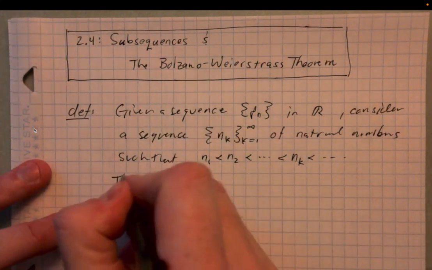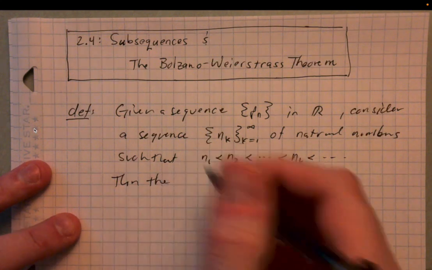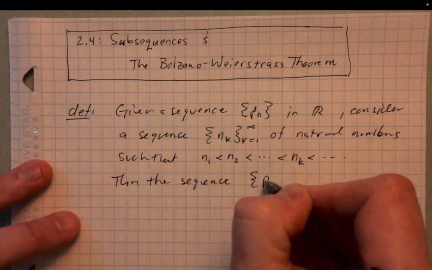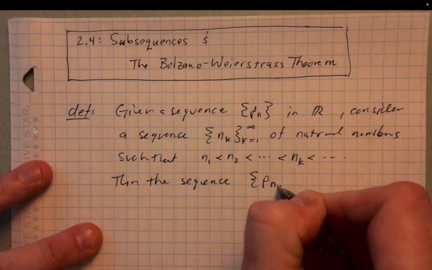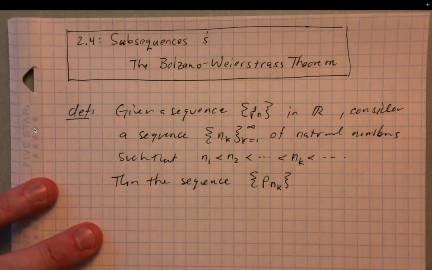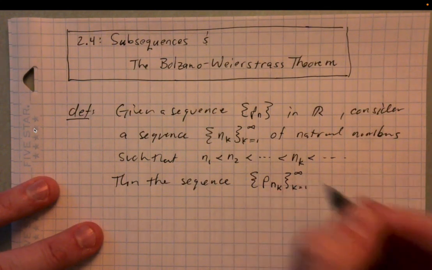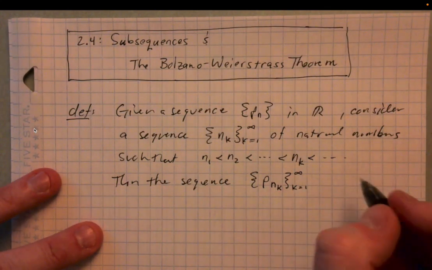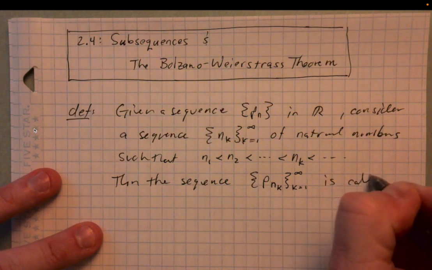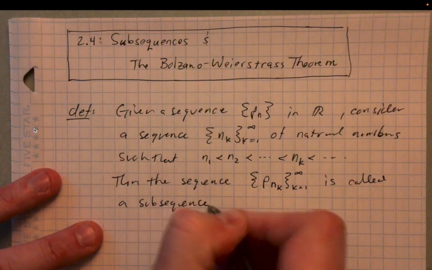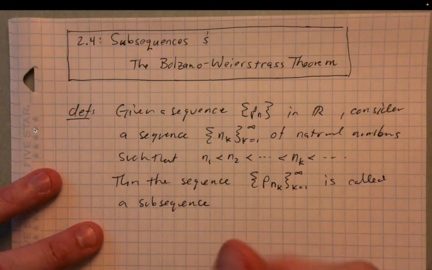Then the sequence P sub n sub k, where k is equal to 1 to infinity, is called a subsequence of P sub n.